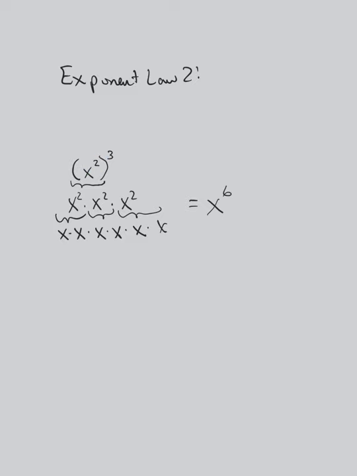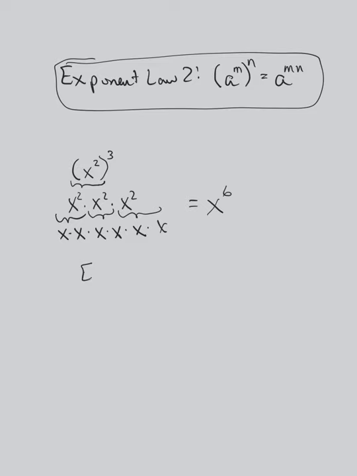That would be 5. But how do you get 6? It's 2 times 3. So that's what exponent law 2 says: if I have a base with an exponent, but I raise that to another exponent, then I can shortcut that process by just multiplying the two exponents together.